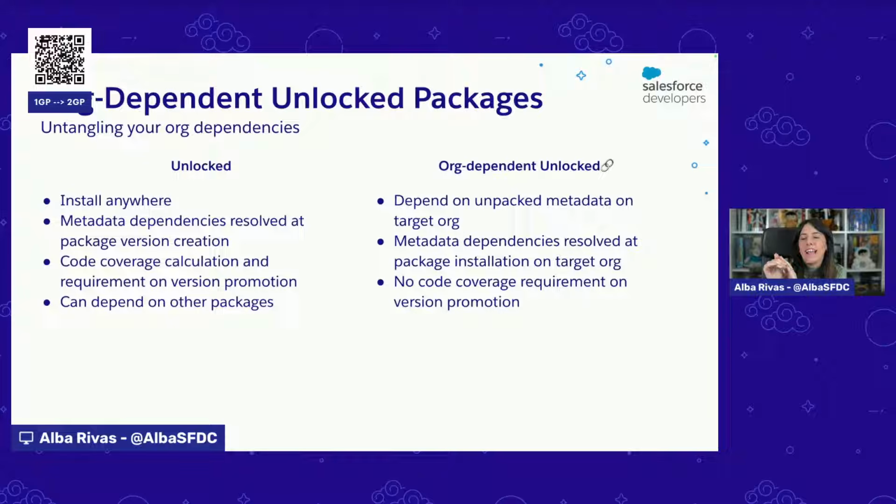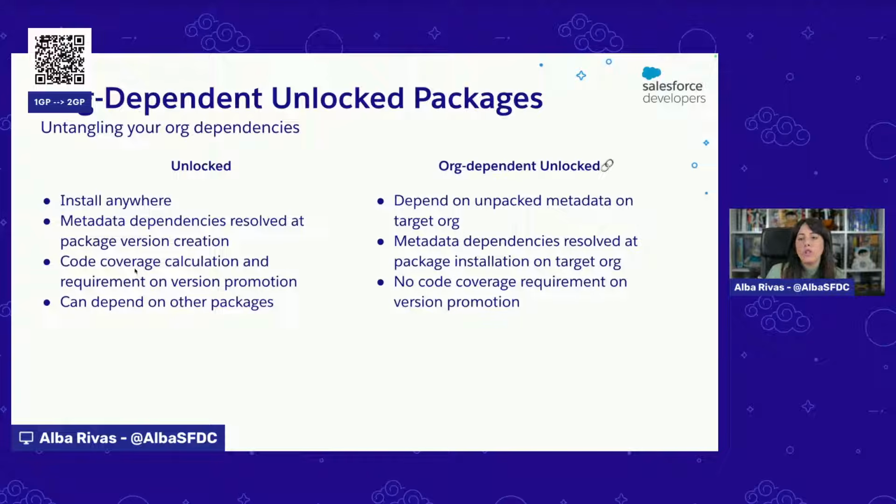When you create the version, the create version command checks that your metadata is self-contained and that that package doesn't have dependencies with anything else. But with org-dependent ones, those metadata dependencies are resolved when you install that package in the subscriber or in the target, okay? And that can give you errors later in the process, and you may need to repeat the process of creating the version over and over, or at least more times than with unlocked packages.